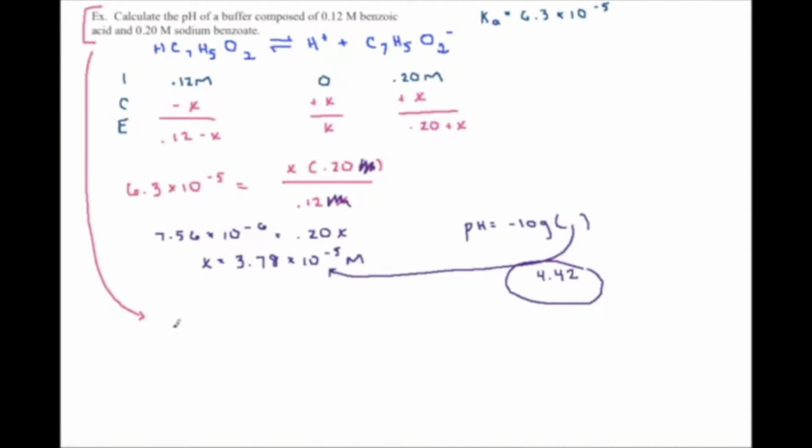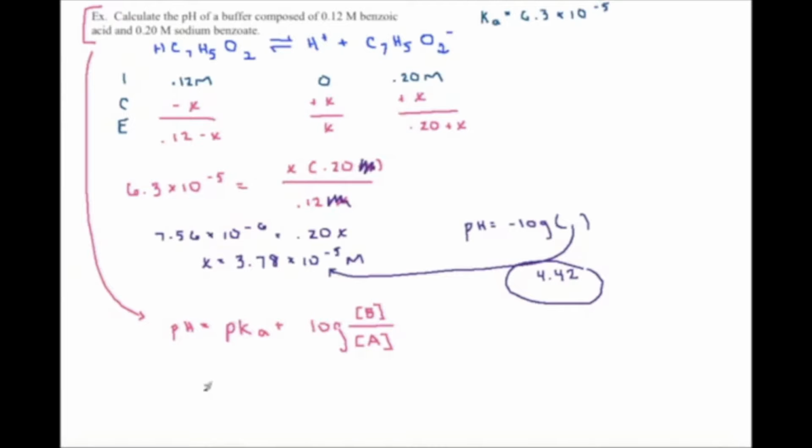So the Henderson-Hasselbalch equation is pH equals pKa plus the log of your concentration of your base divided by the concentration of your acid.